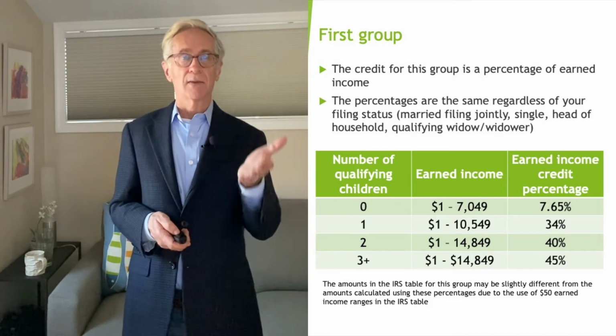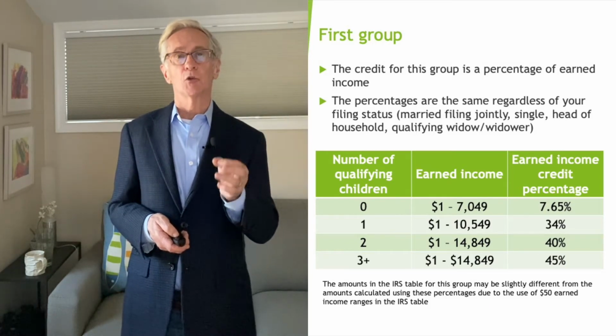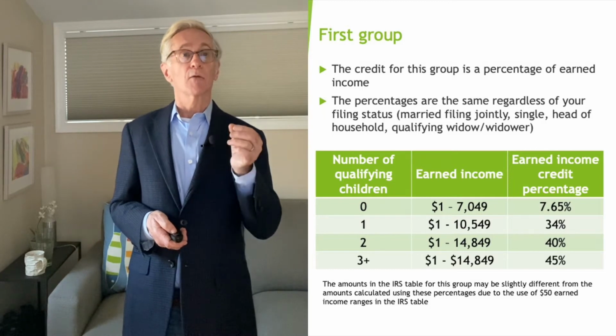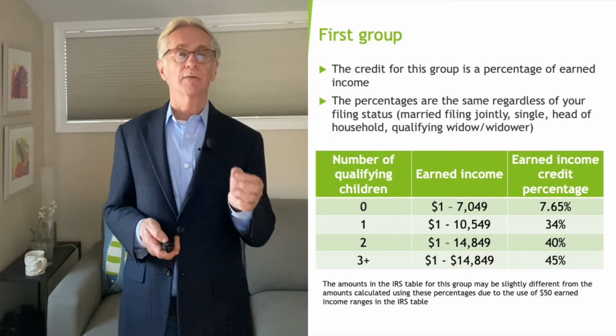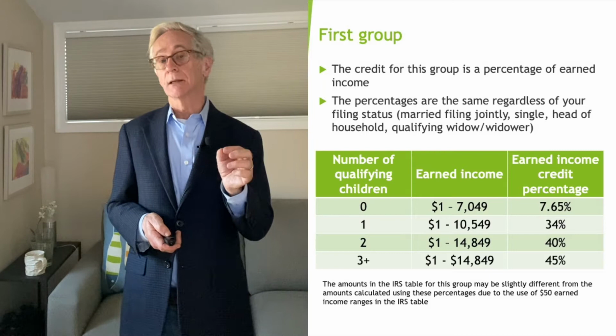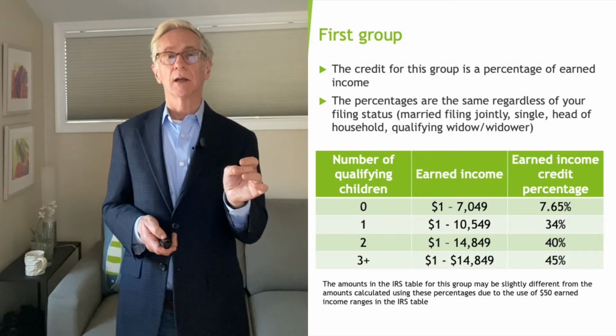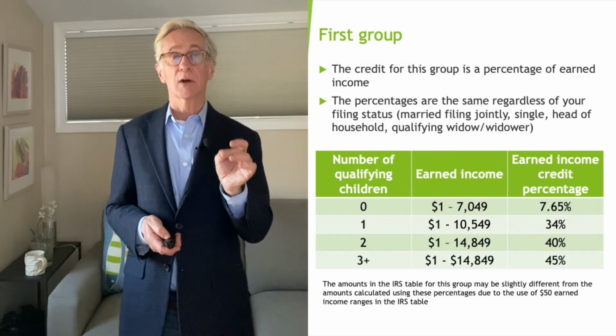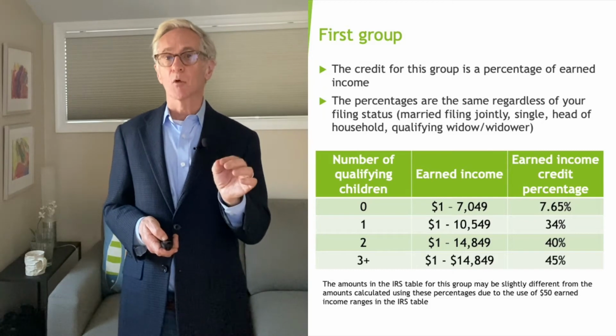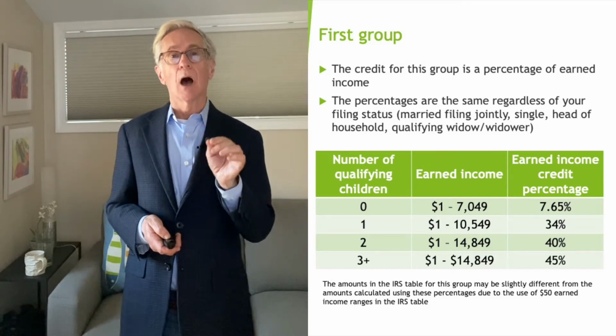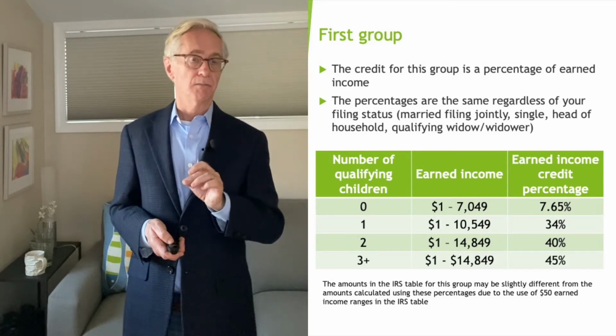So look down the table and think about your earned income. For example, if you have 2 qualifying children and your earned income is between $1 and $14,849, your earned income credit is 40% of your earned income.